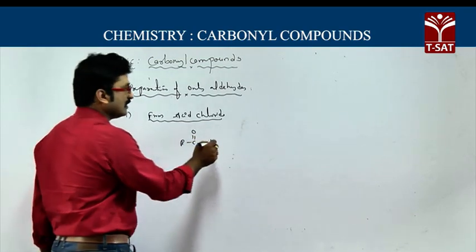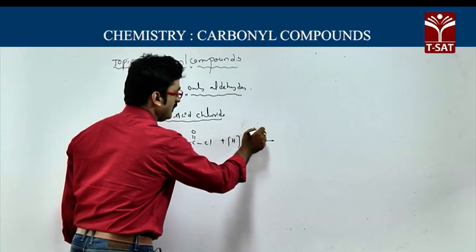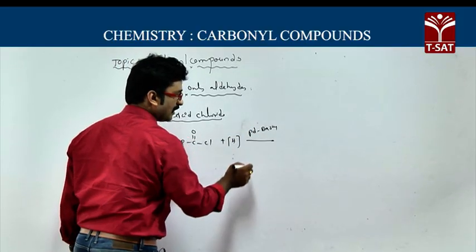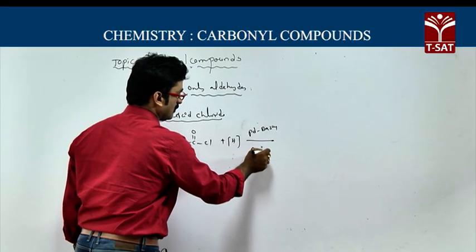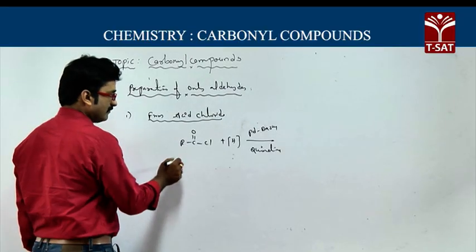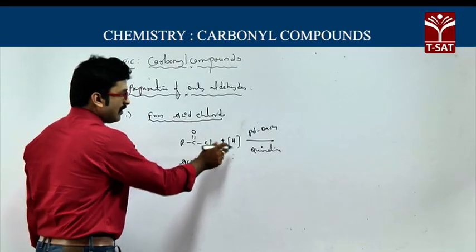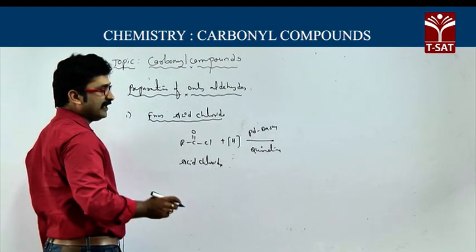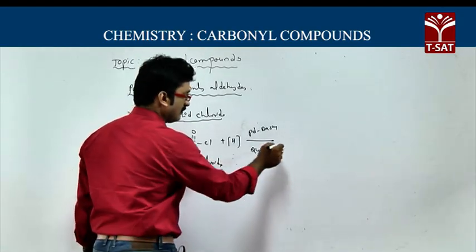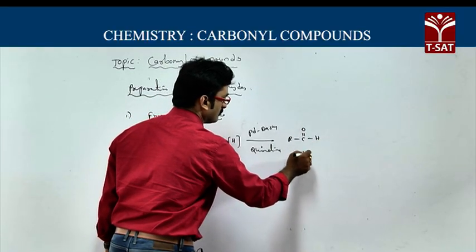This acid chloride on reduction in the presence of Pd, BaSO4, quinoline gives R, C double bond O, H. This is the aldehyde.